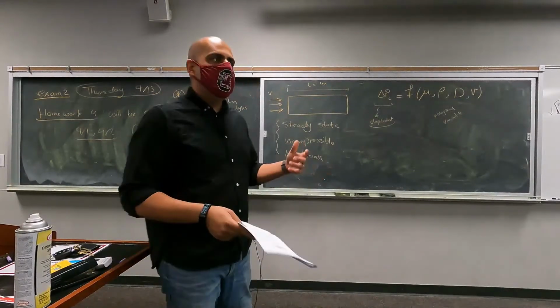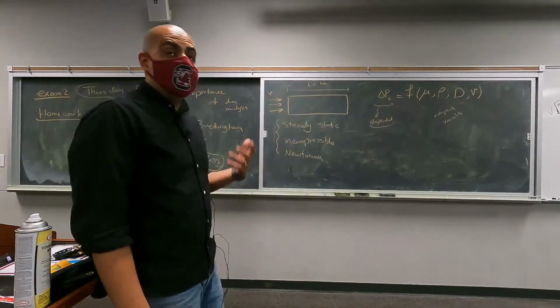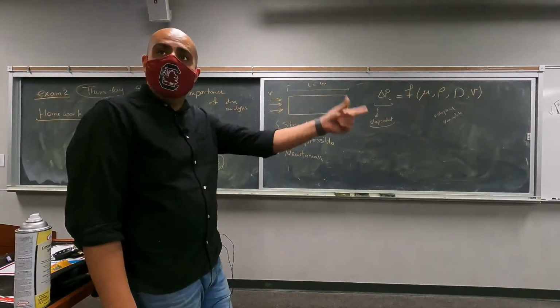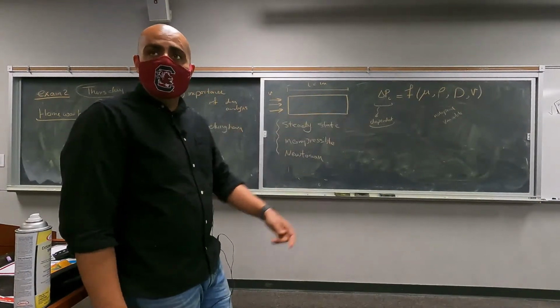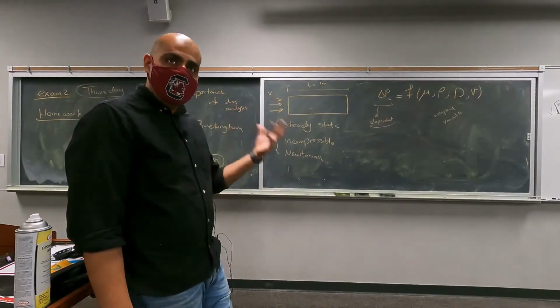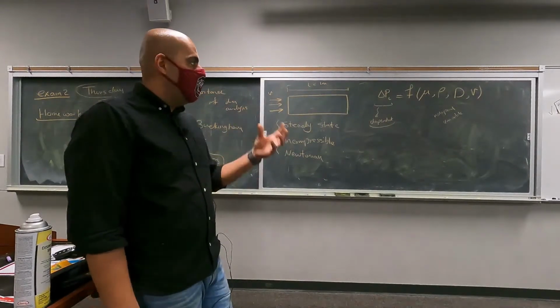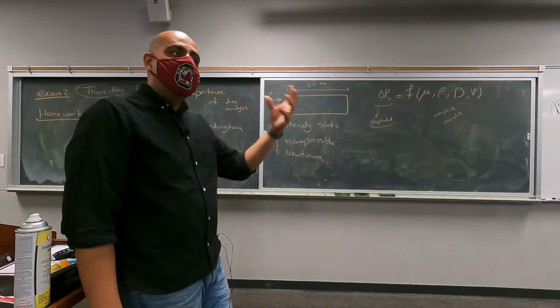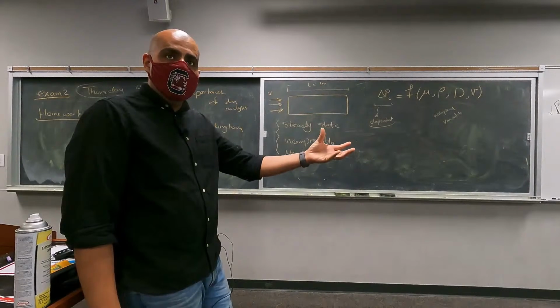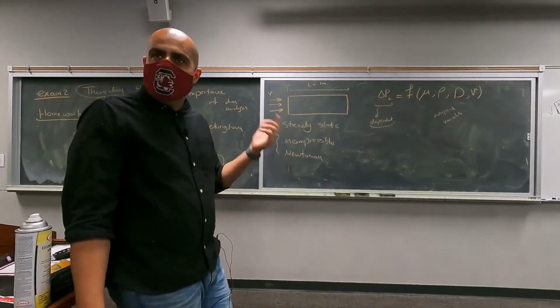This problem depends on so many variables, right? Which means that we have to spend a lot of time to study the effects of all of those parameters, right? Variables. You just want to reduce the number of those parameters, right? That's essentially the idea behind dimensional analysis. You want to make your problem depend on a smaller, fewer number of variables, right? You want to reduce the degrees of freedom. Does it make sense? Okay.